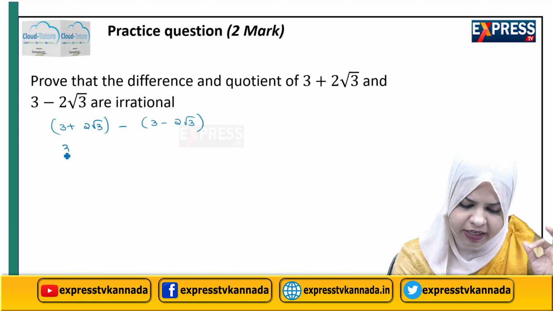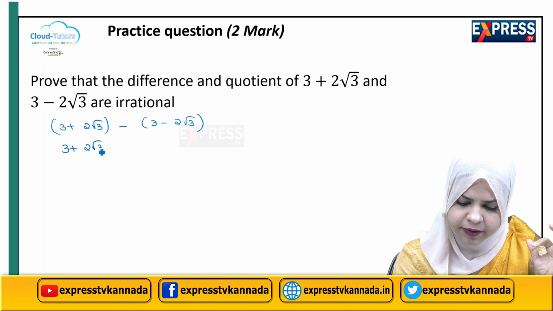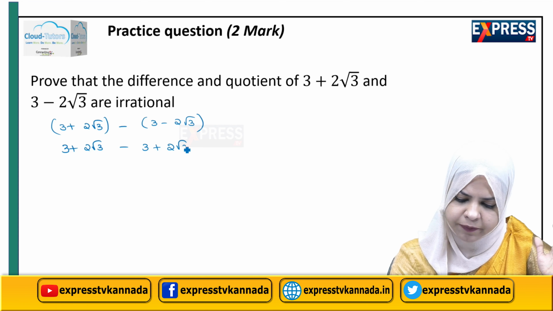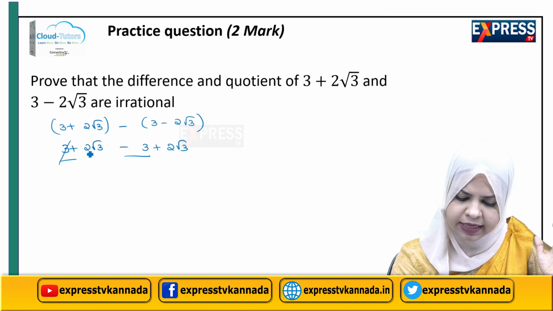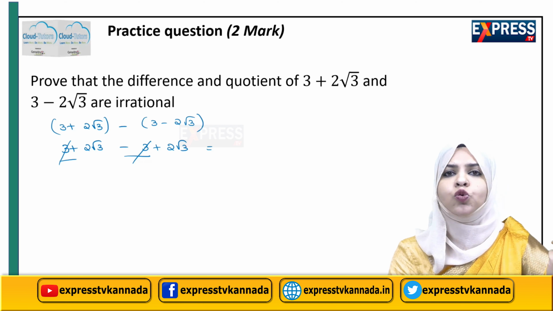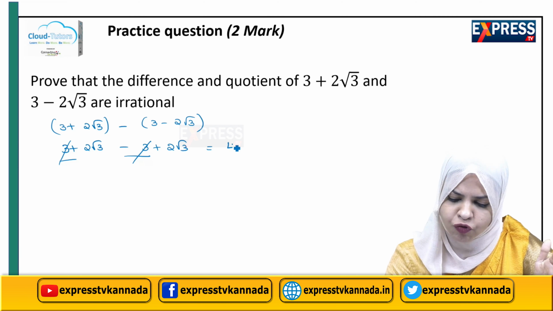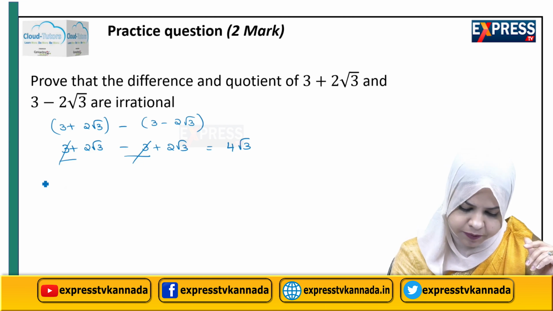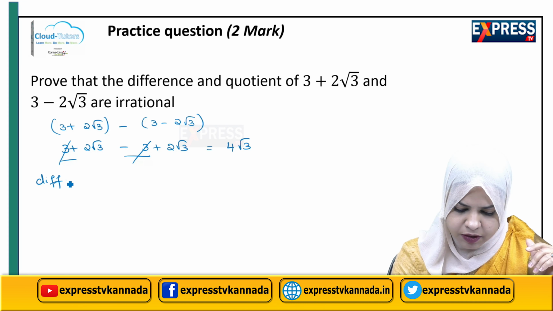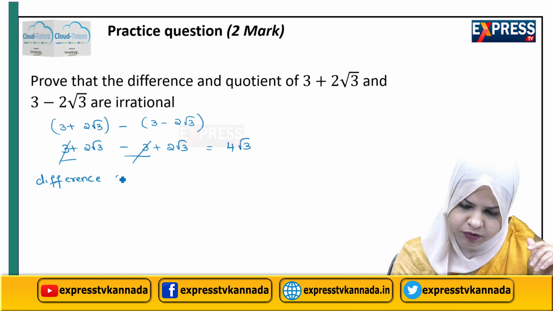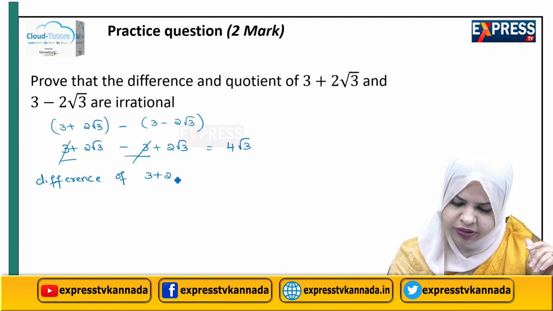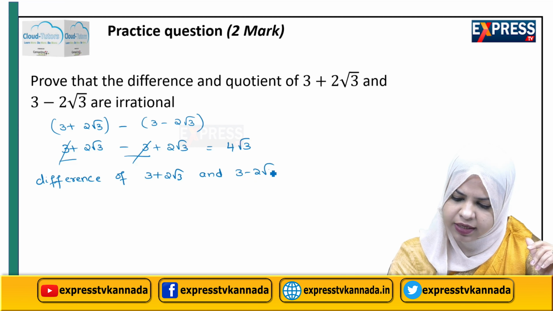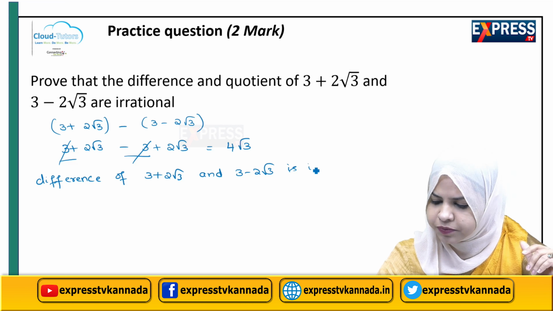So let's expand the brackets here. 3 plus 2 root 3 minus 3, minus into minus is plus, 2 root 3, minus 3 plus 3 cancels, and plus 2 root 3 plus 2 root 3 will give me 4 root 3. So therefore difference of 3 plus 2 root 3 and 3 minus 2 root 3 is irrational.